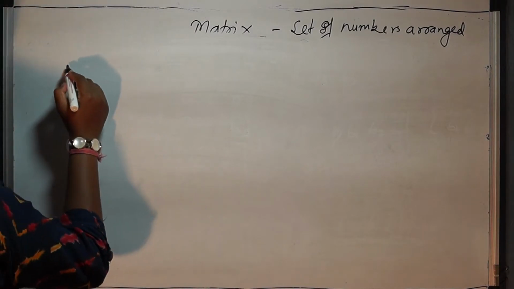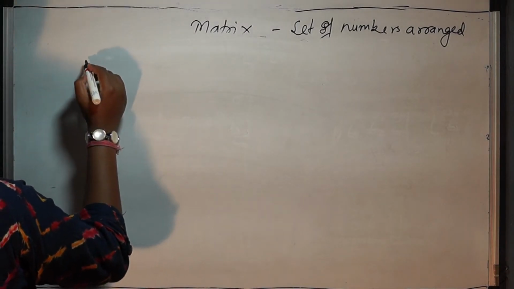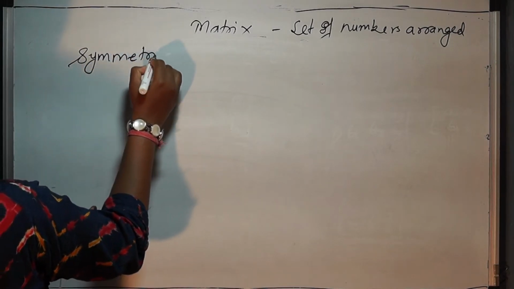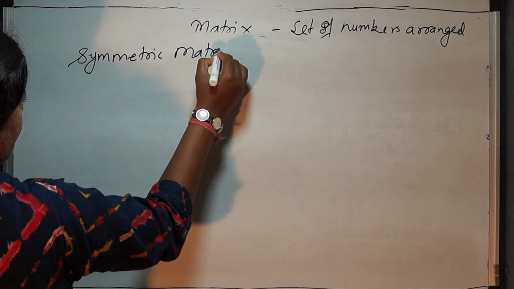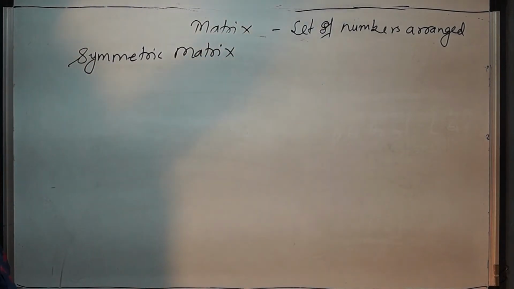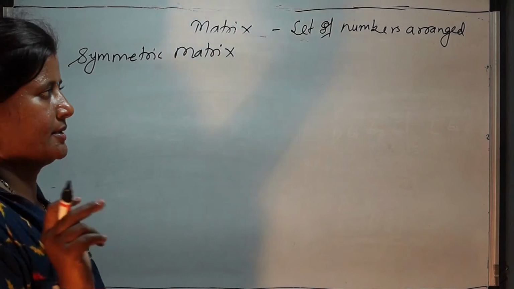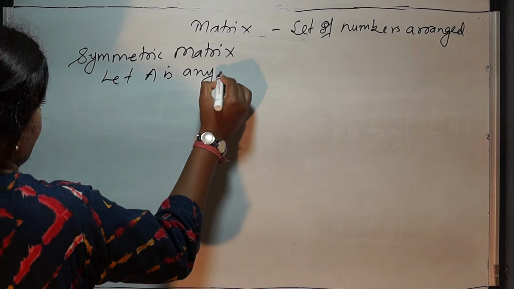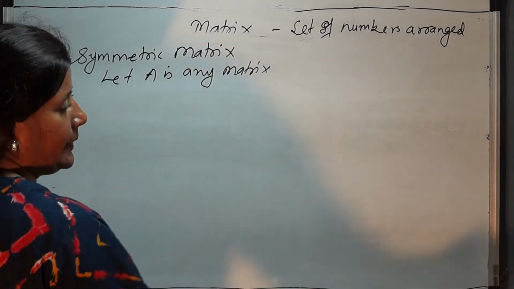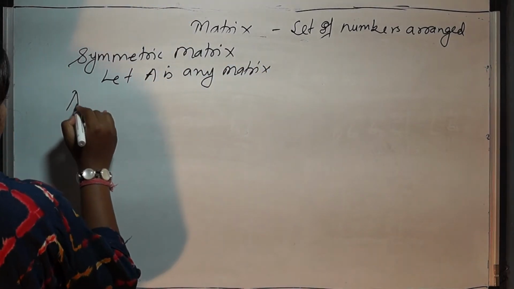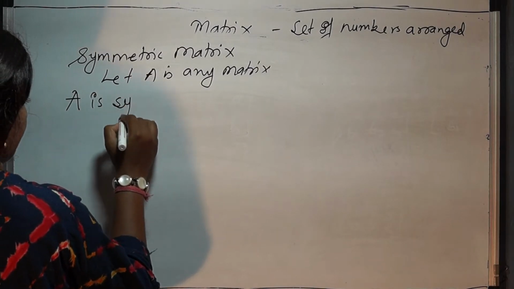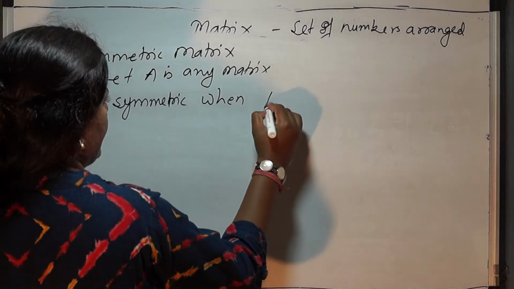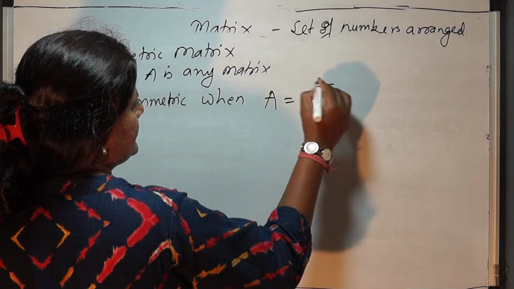For that you have to know about transpose. Let A be any matrix. We can say A is symmetric when A is equal to A transpose.